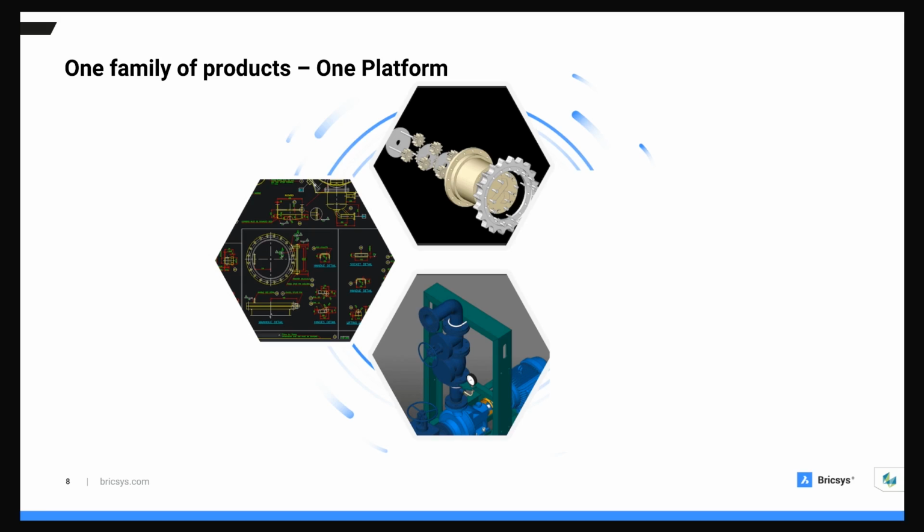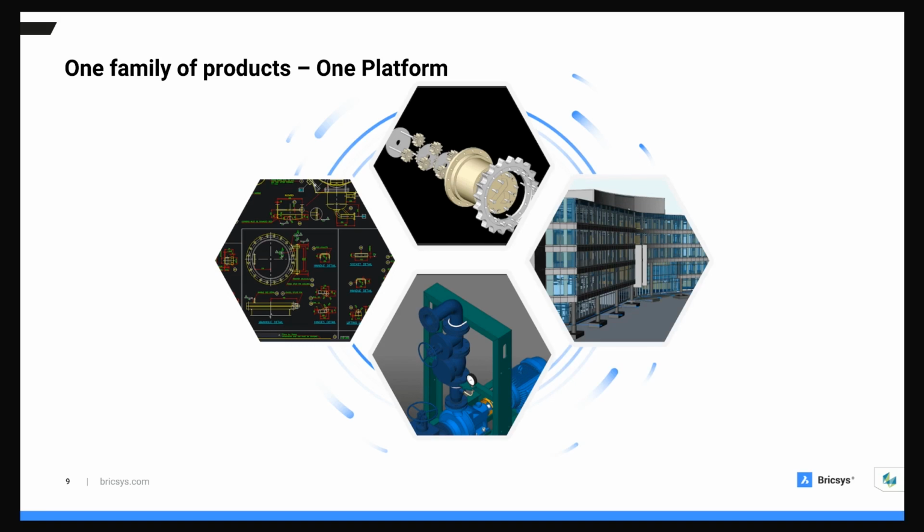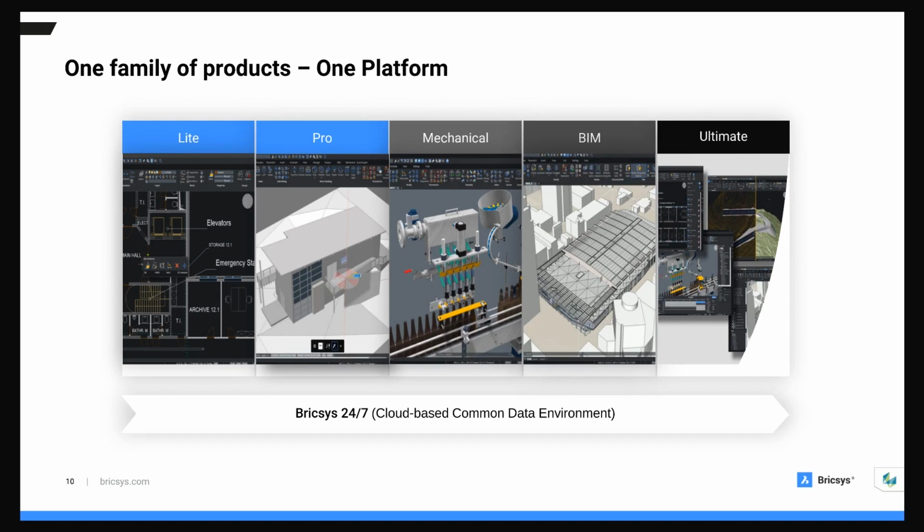And of course, we have a different approach to building information modeling. We have a fundamentally different vision for BIM based on a familiar DWG platform that combines early design, BIM, and fabrication into a single continuously developing workflow. Now, the power of BricsCAD Lite, Pro, BIM, and Mechanical comes in one convenient package, BricsCAD Ultimate. One application based on DWG.